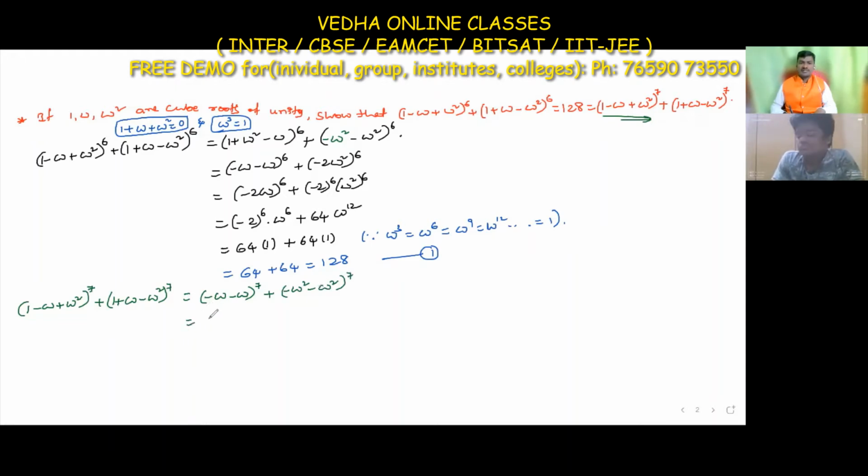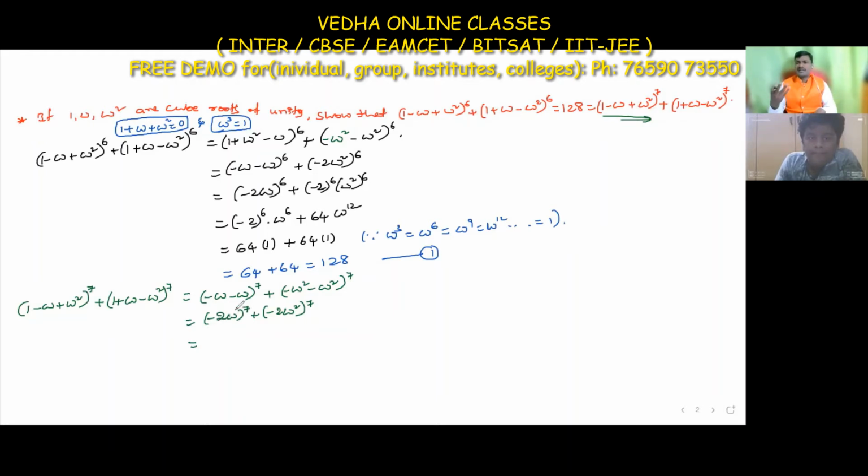Minus omega minus omega is minus 2 omega whole to the power 7, plus minus 2 omega square whole to the power 7.